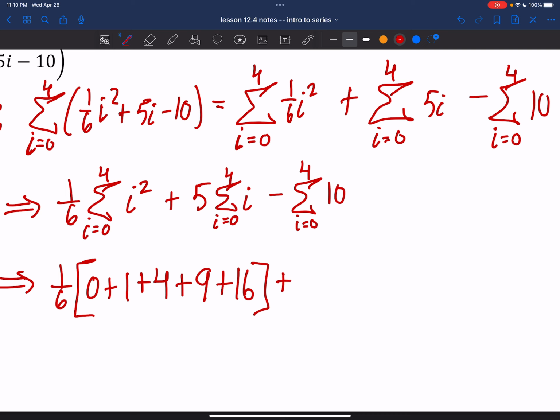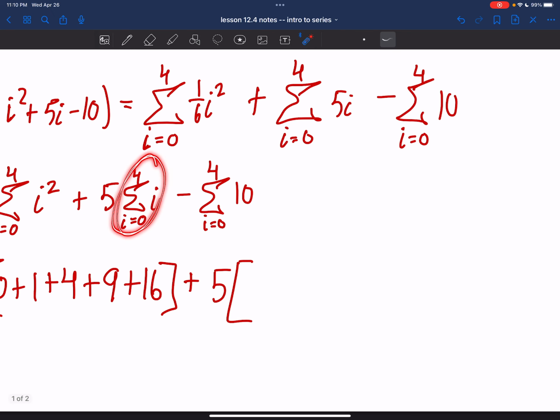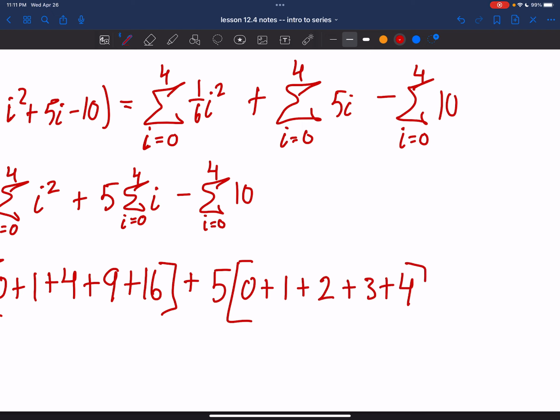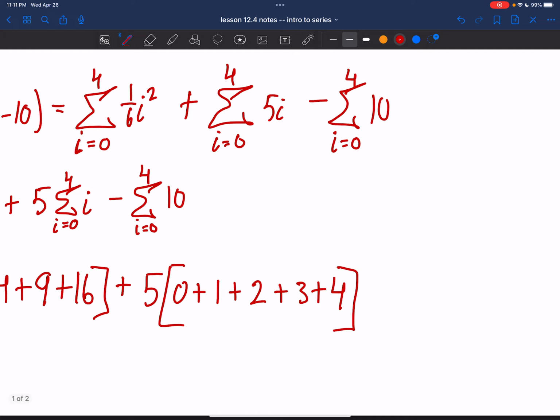Then plus 5, my constant multiplier, times, and now I need to compute this sum. It's from I equals 0 to 4, so I equals 0, plus 1, plus 2, plus 3, plus 4. Boom.